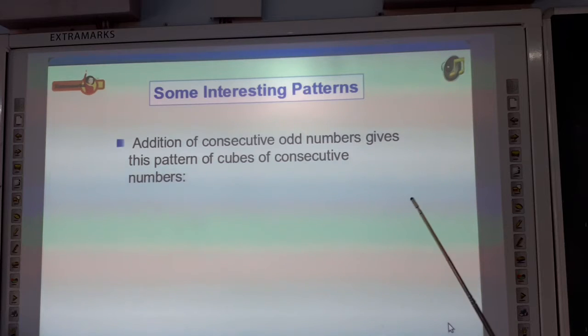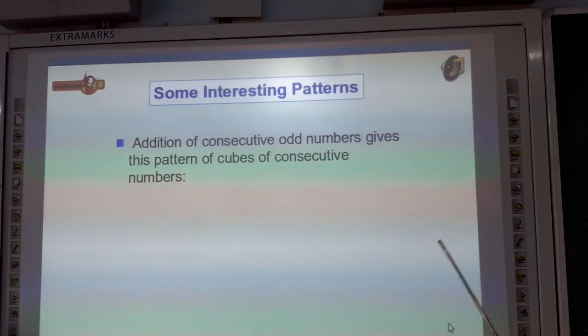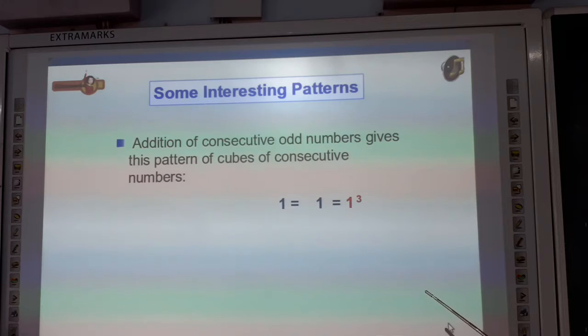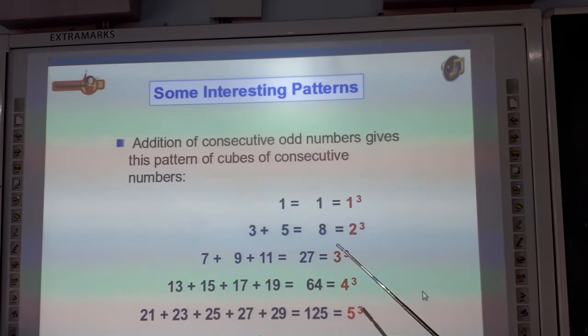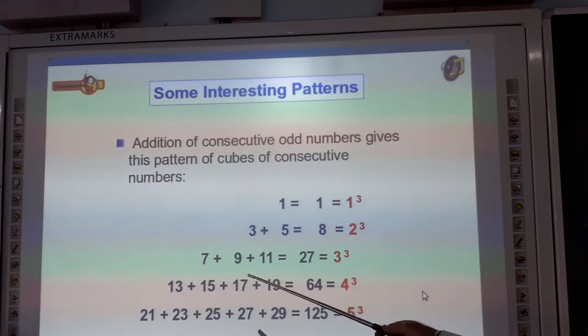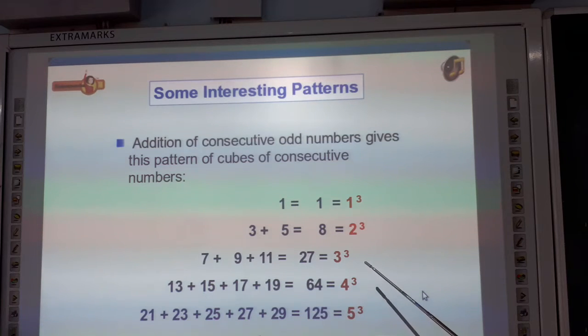Addition of consecutive odd numbers gives the pattern of cubes of consecutive numbers. These are the patterns of cubical numbers. 1 cube, then 3 plus 5, these are the next odd numbers, which is 8, that is 2 cube. Then the next odd numbers 7, 9 and 11, 3 odd numbers are added, then 3 cube.